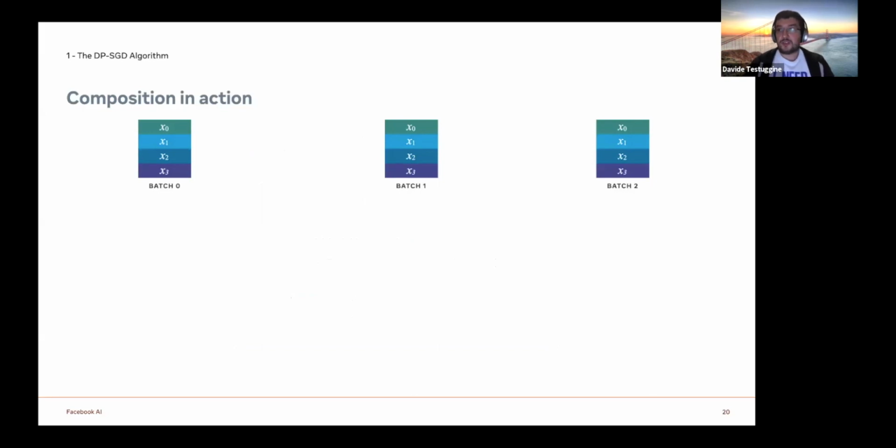Speaking of composition, composition also carries a cost for us. I've been talking about the cost for private prediction, but it has a cost here as well. The cost here is that we are applying this Gaussian mechanism upon every batch. A batch comes in, we train with the usual algorithm, for each batch in the training set. One batch comes in and we're going to pay epsilon for it.